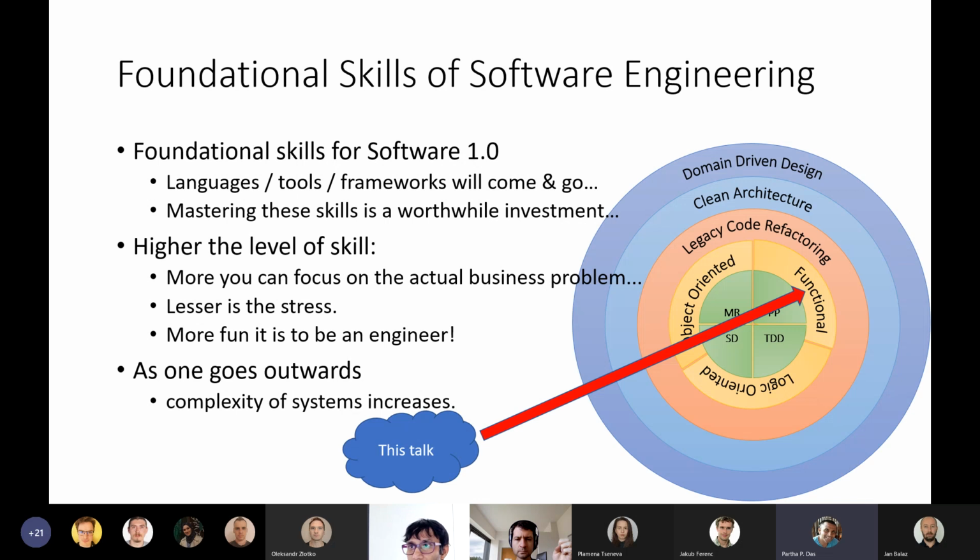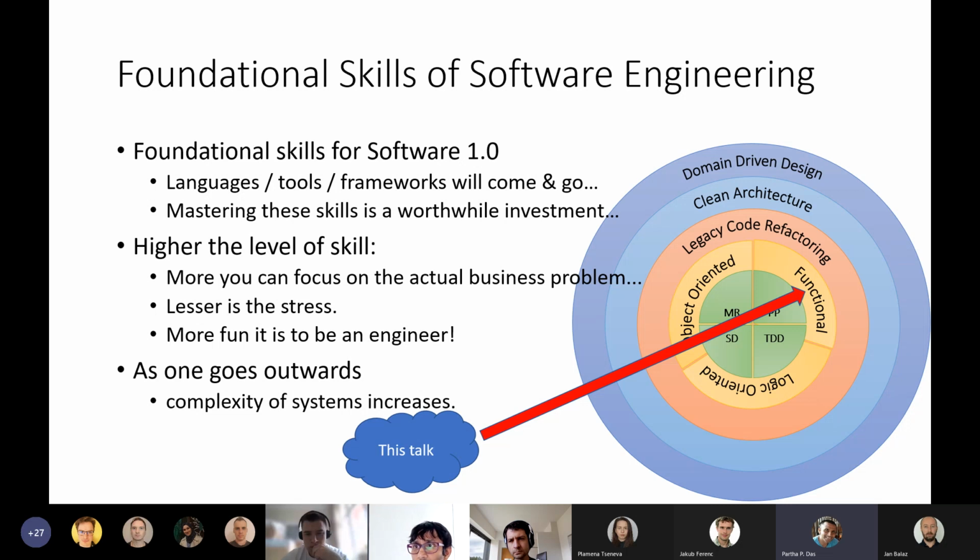Again, this is the foundational skills of software engineering. We've covered a few of these. Today we'll cover this. The whole idea is that if you have essentially mastered these, and this is like any other skill, so you just practice, learn from people who have done it before, and practice again, learn some bit of theory, practice again, and then you master it over a period of 20, 30, 40 years.